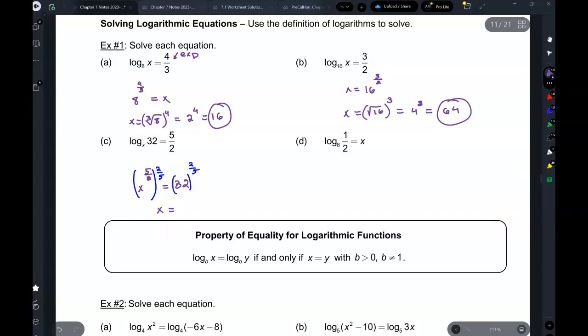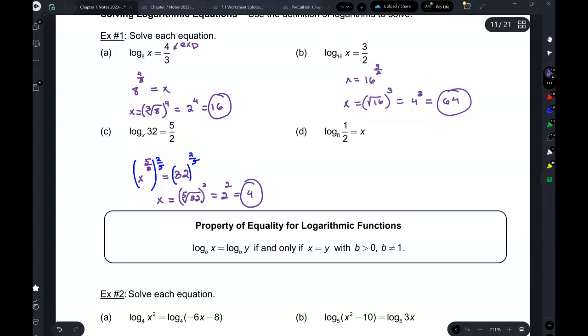So x is 5th root of 32 cubed. All right? No, it's not. Squared. Oh boy. So 4.